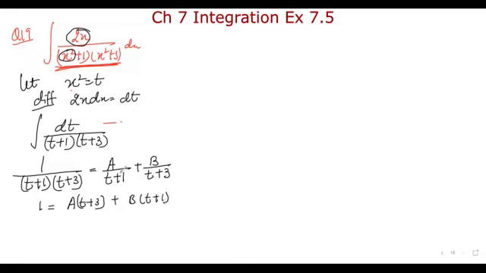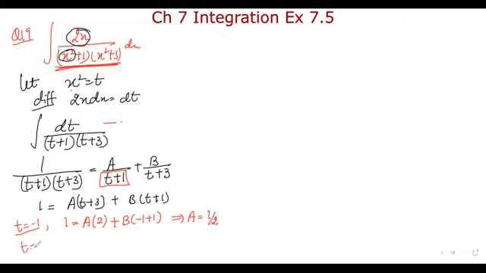As I said, to find the values we make these 0, so t will be -1. So a into -1 plus 3 is 2, plus b into -1 plus 1 is 0. So the value of a comes out to be half.